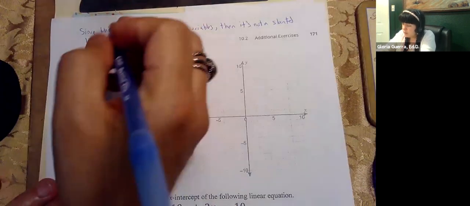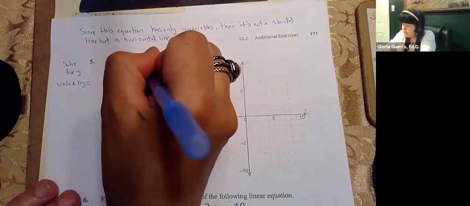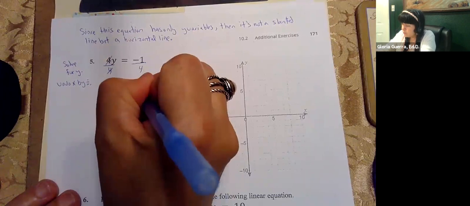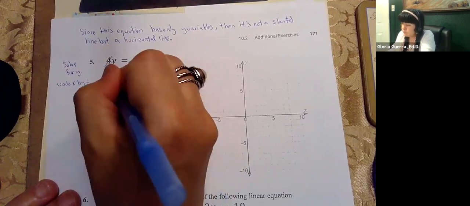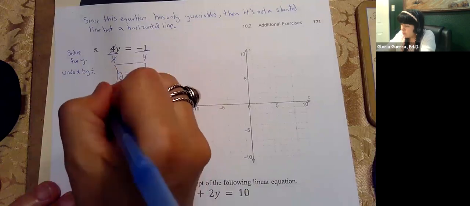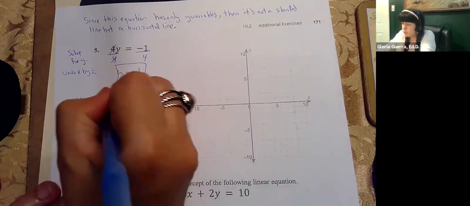And so similarly, the algebra is very minimal. You will have to solve for y. In math, we undo times by division. So you will have to divide by 4. Y equals -1/4. And you will have to do it on your test.